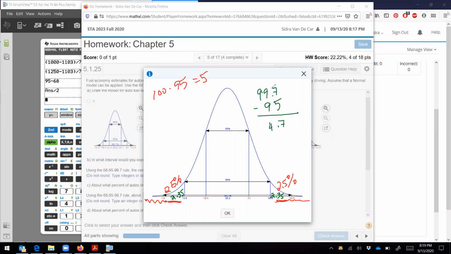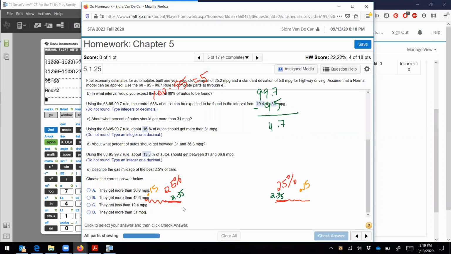And outside the 99.7, 0.3 is split in half between here and here. So if I split the 0.3 in half, that's 0.15. So that means 0.15 is out here, and 0.15 is out here. All right, so the 2.5% is anything bigger than the 36.8 that's there. So here.